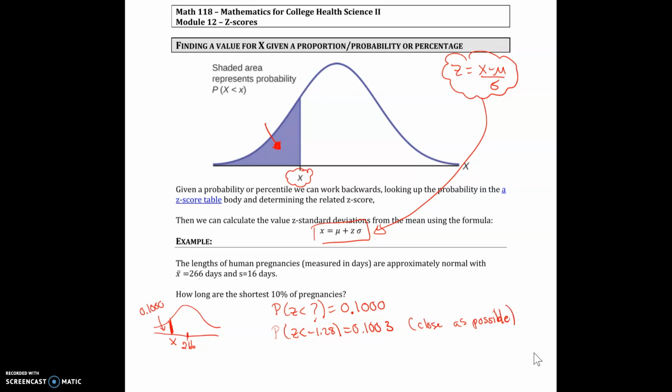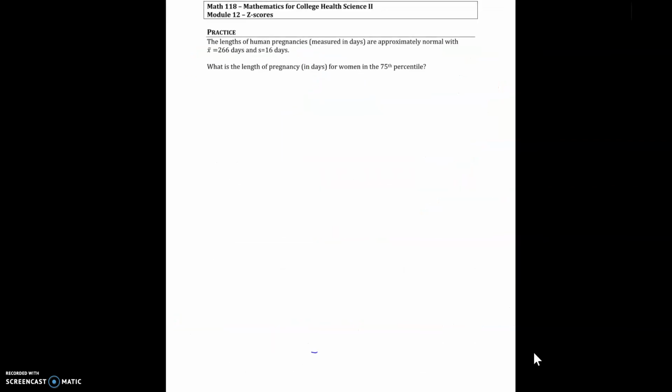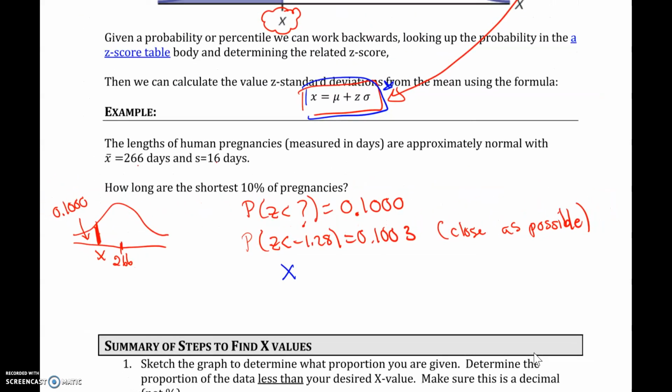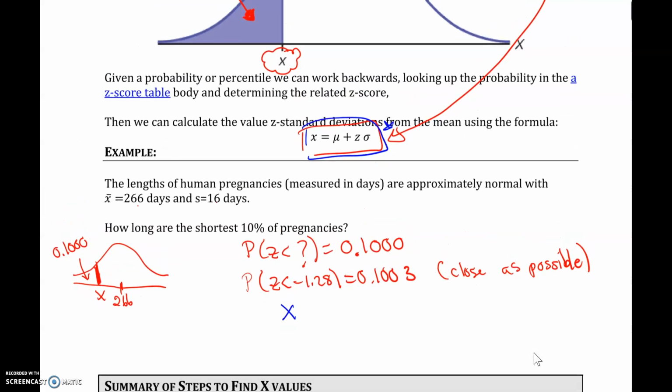So what that tells me is that my x value, remembering the formula we said we were going to use, is going to be my mean, which is 266, plus my z-score, which is negative 1.28, times my standard deviation, which is 16. Based on order of operations, make sure you do the multiplication first, then add it to the 266.